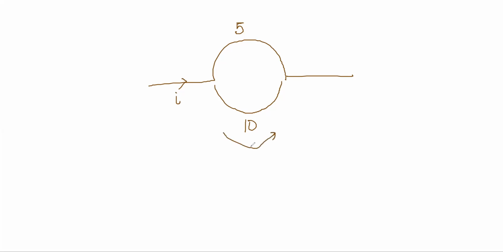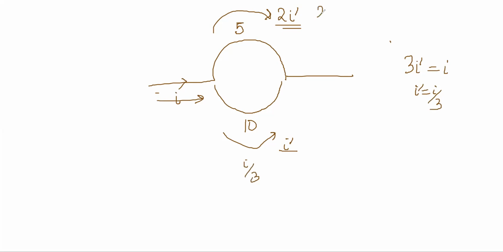So the current here should be double of whatever the current is here, right? The total current is 3I dash, and that should be equal to the current that is coming in. So I dash is equal to I by 3. So this is I by 3 and this is 2I by 3.